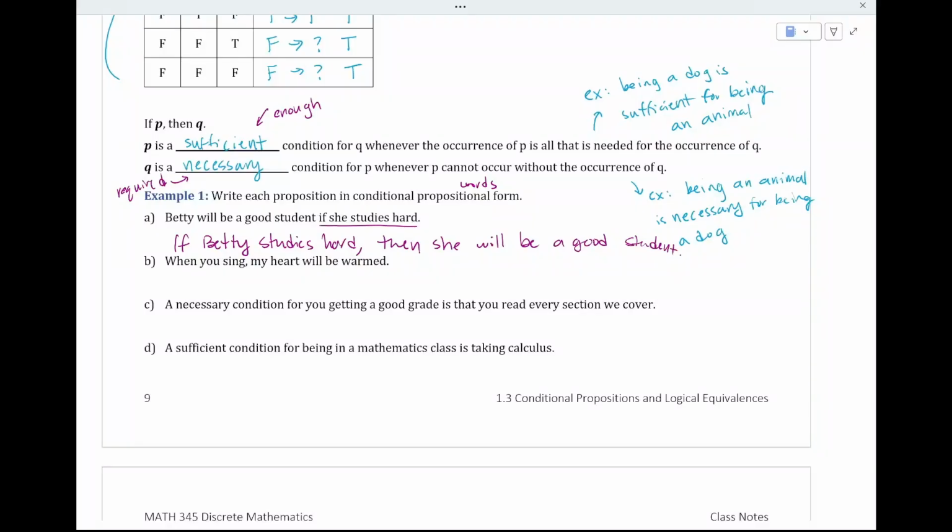If then. Next one, when you sing, my heart will be warmed. A synonym for when is if. If you sing, comma, then my heart will be warmed.